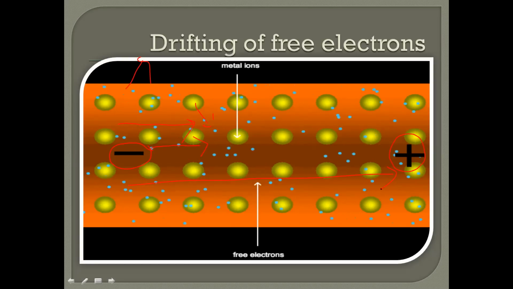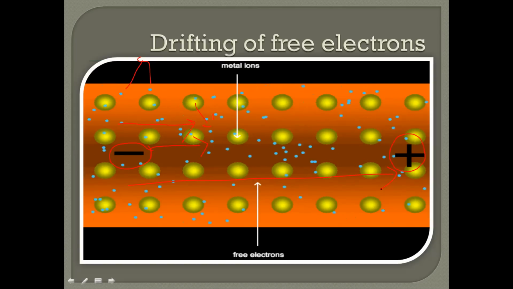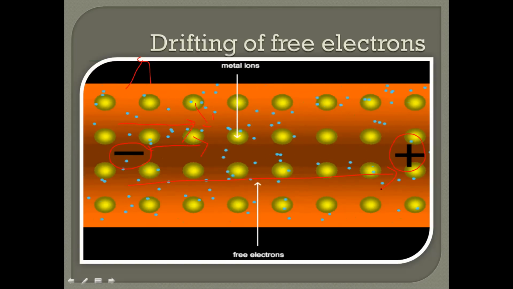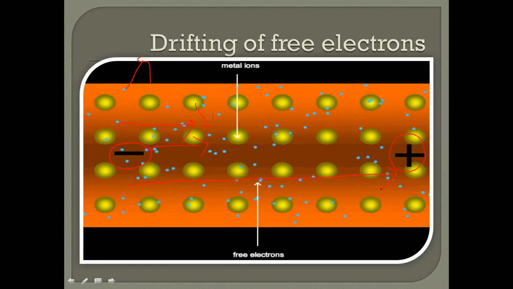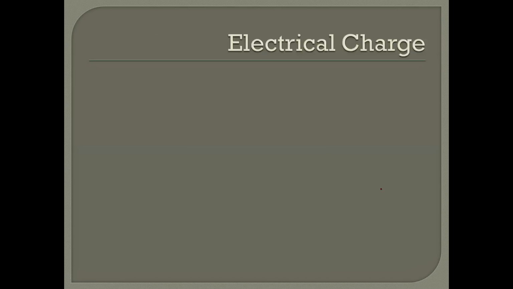Before we define what electric current is, we need to be familiarized with one more physical quantity. It is electric charge. Electric charge is a physical quantity. Physical quantity means it is a property of any material. It has to be a measurable property.